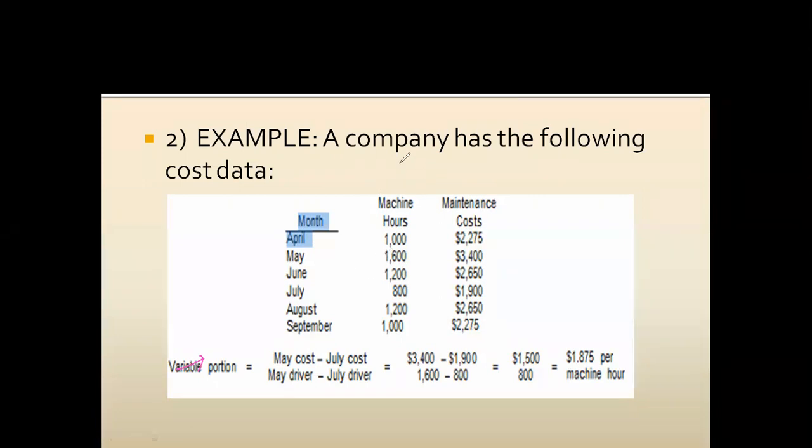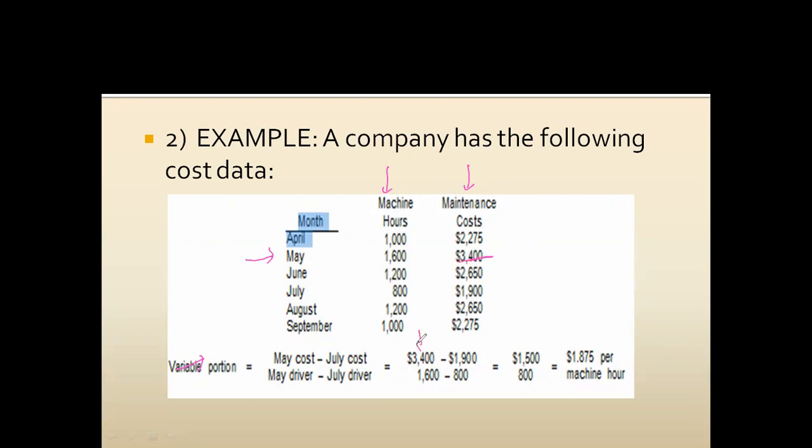We have activity level in machine hours and we have maintenance cost. Students, we will apply the formula: cost at highest activity level minus cost at lowest activity level, dividing by driver at highest activity level minus driver at lowest activity level. If we can see the highest cost, we have 3,400.